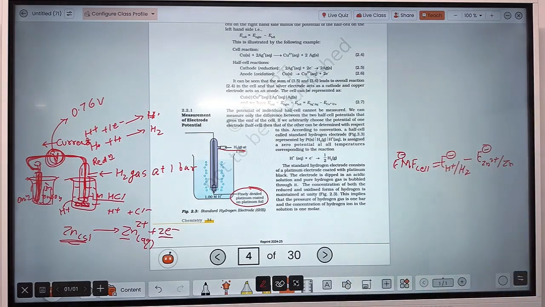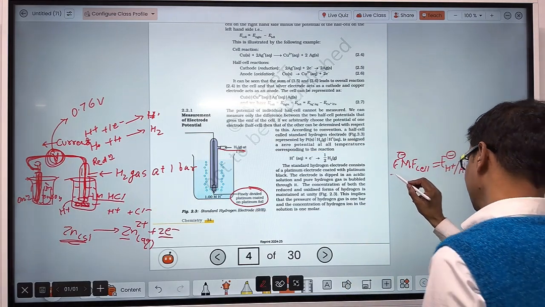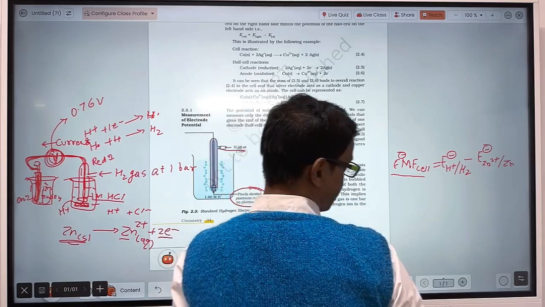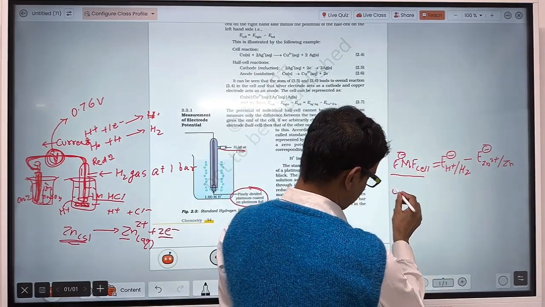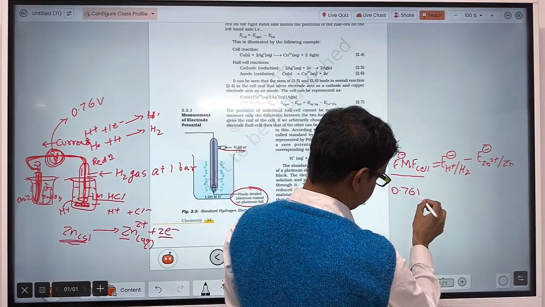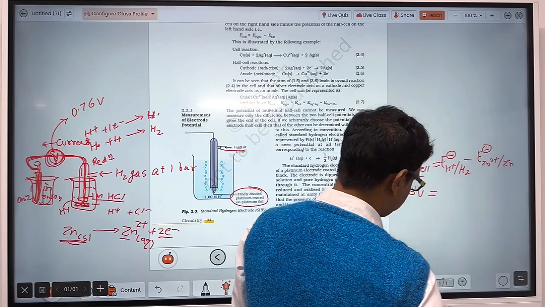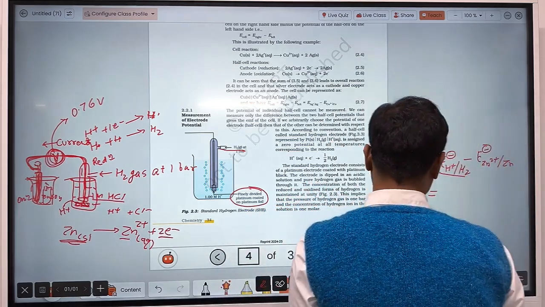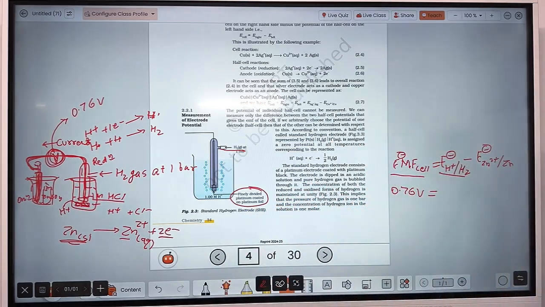So the EMF of the cell has been observed as 0.76 volt. That will be equal to, now the standard electrode potential of hydrogen has been considered as 0.